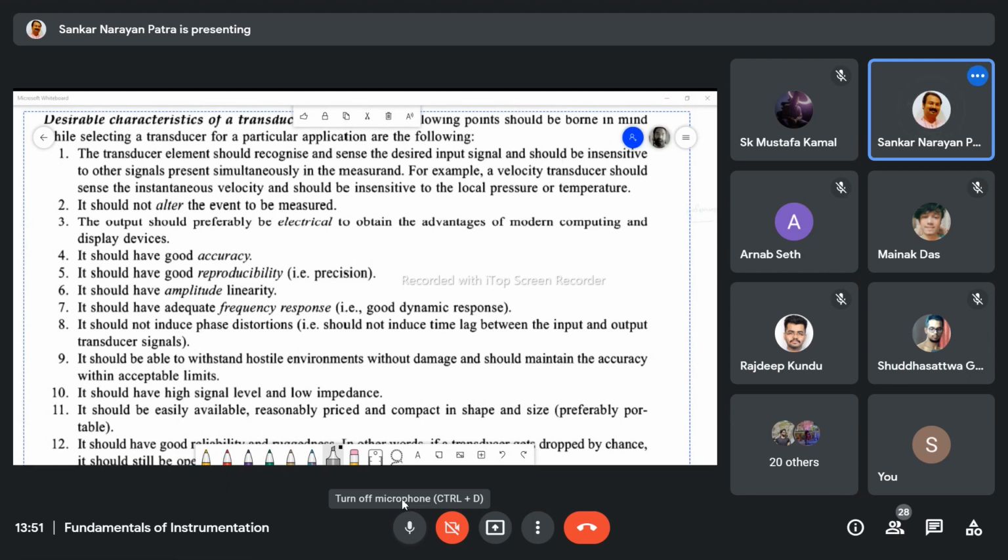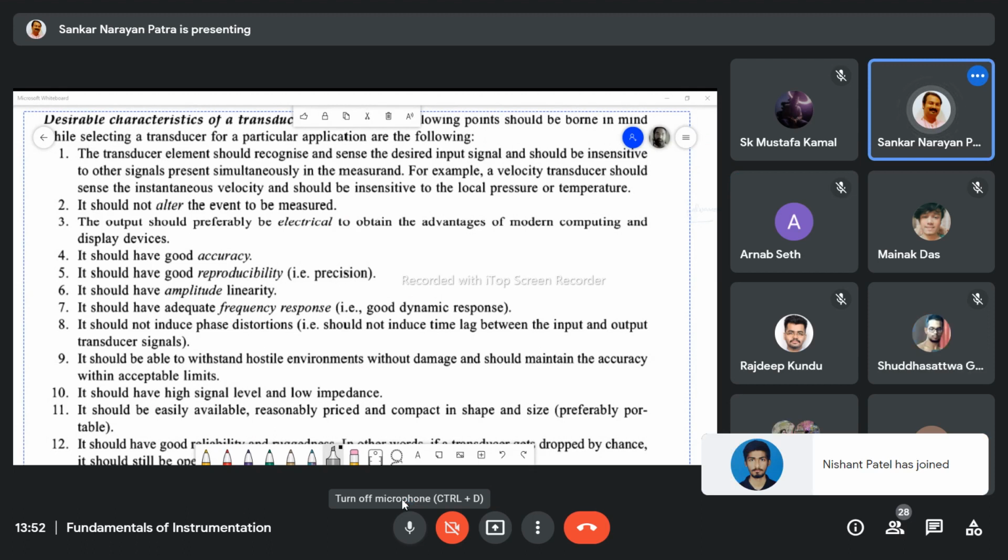So the RTD will sense the temperature which happens in the environment, right? Now your RTD itself is heating up the environment. Is it good to measure the temperature? No, sir. Definitely it's not, because the transducing element is altering the environment.